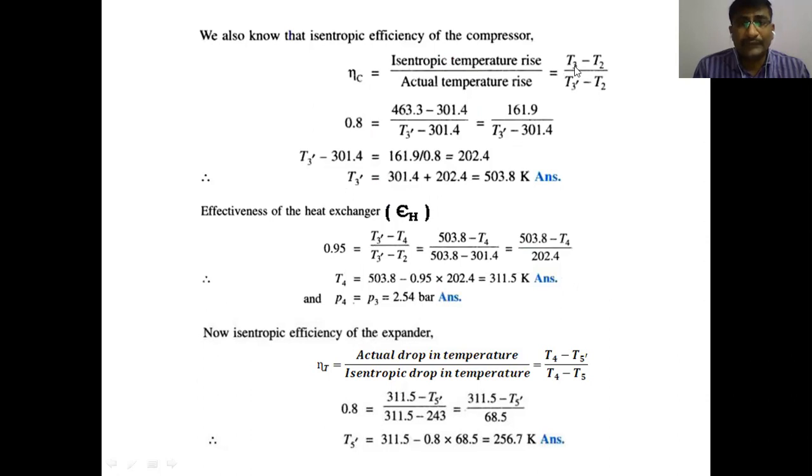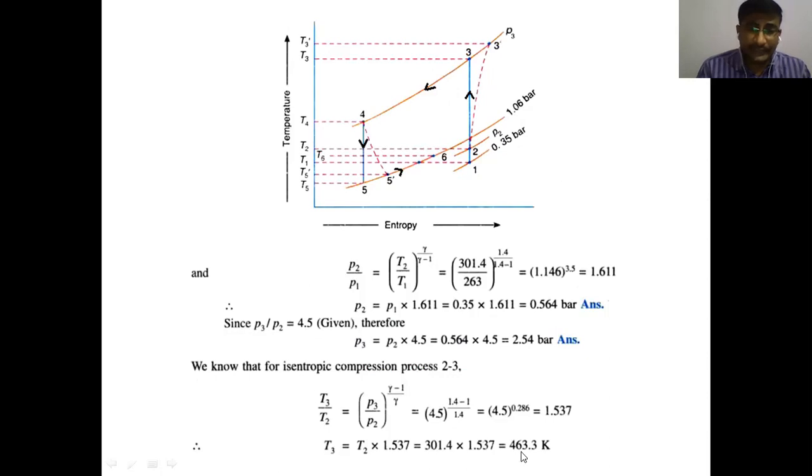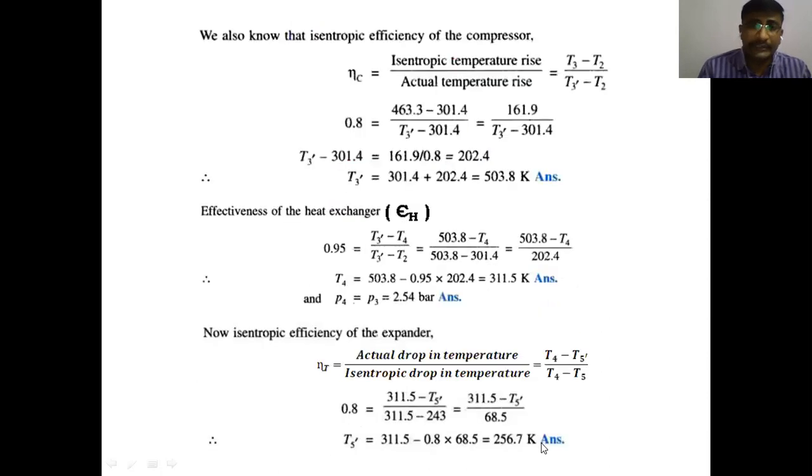The isentropic temperature rise from 2 to 3 is T3 minus T2, divided by the actual temperature rise, T3 dash minus T2. The compressor efficiency is given as 0.8. 463.3 is the T3 as calculated earlier, and T2 is 301.4, divided by T3 dash, which is the unknown parameter to be found in this equation.